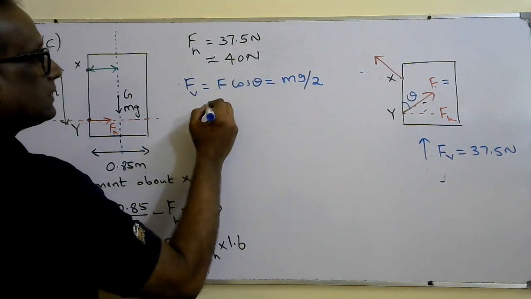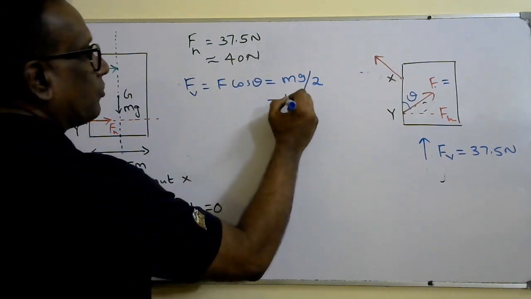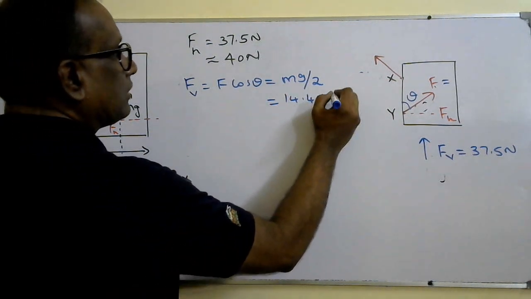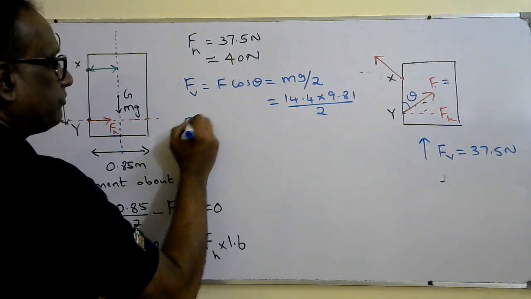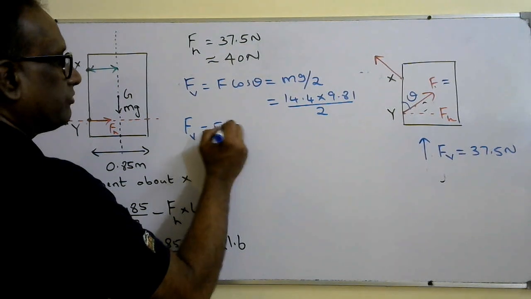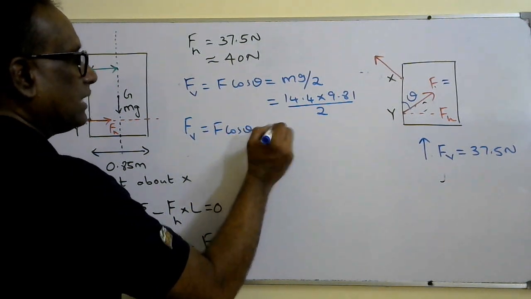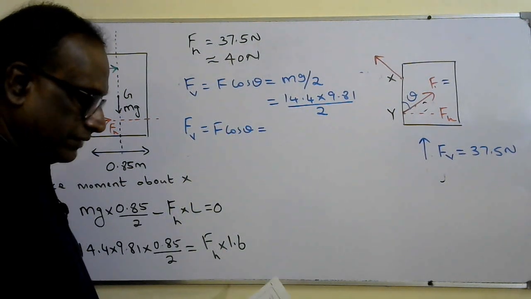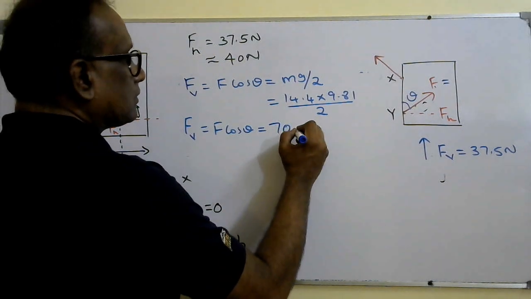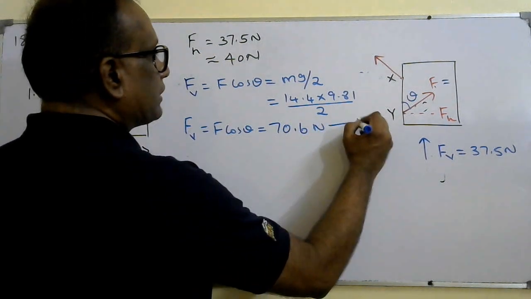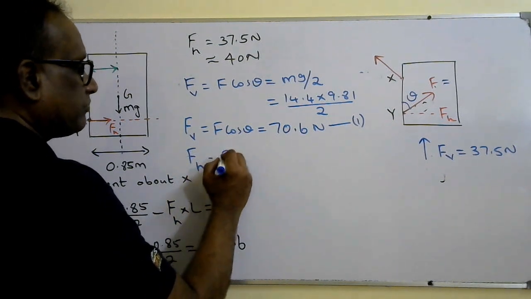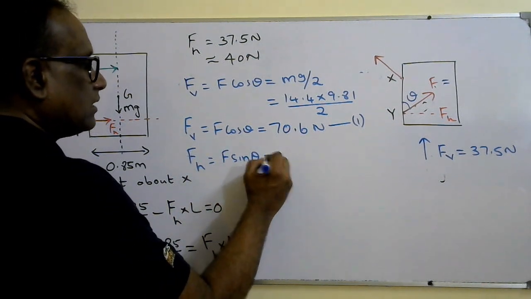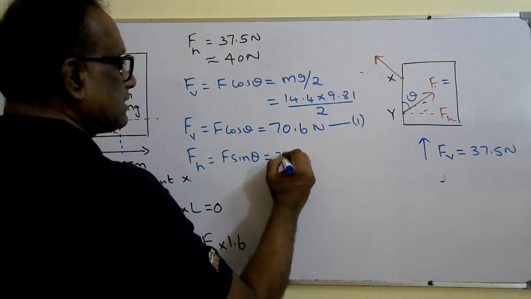That is 14.4 times 9.81 divided by 2, which equals 70.6. So the first equation: Fh, the horizontal component, is F sin theta, which is 37.5.